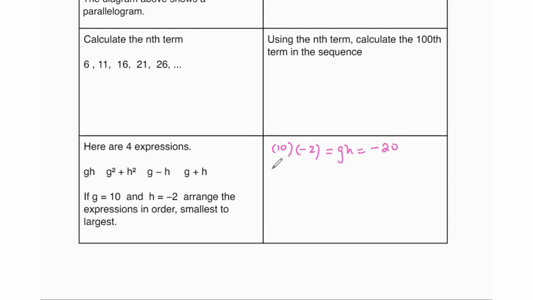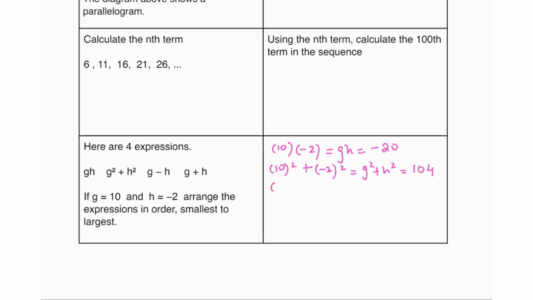Then the second one is going to be 10 squared plus -2 squared, which is going to give us 100 plus 4, that's 104. The reason why it's 104 is because 10 squared is 100 and -2 squared is +4. So 100 plus 4 is 104.